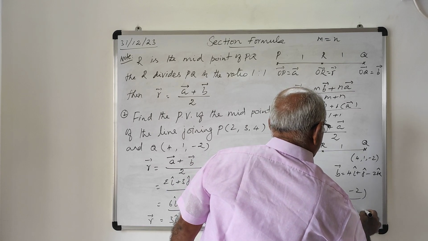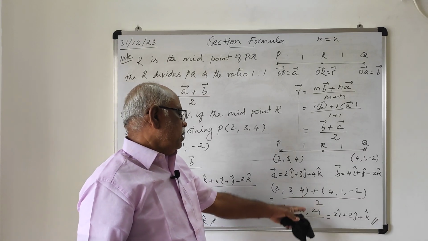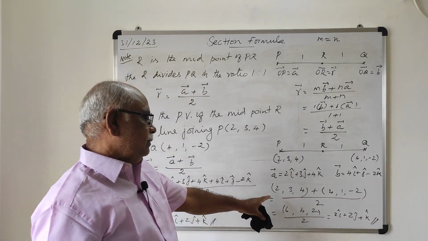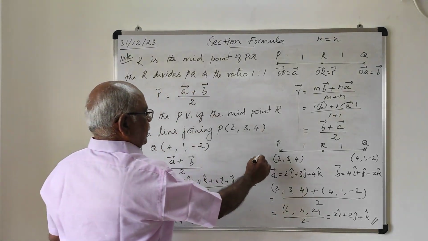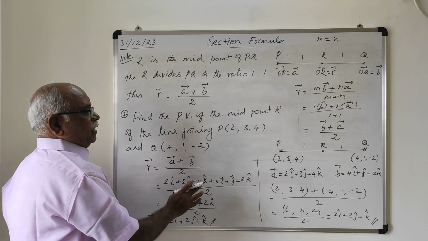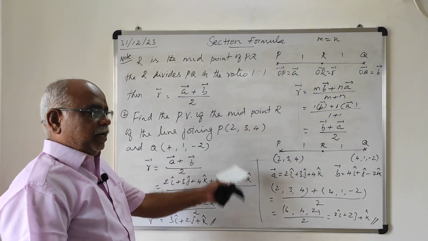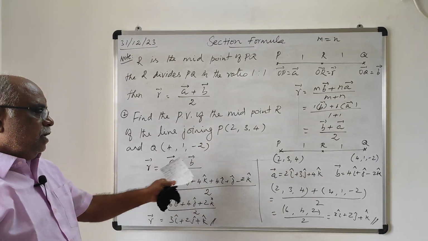You simply solve like this, add point-wise, find the midpoint, and then write it with i, j, k. The midpoint is nothing but the position vector of the first point plus the position vector of the second point divided by 2. That's all about the midpoint position vectors.